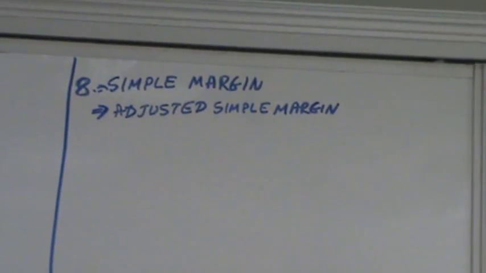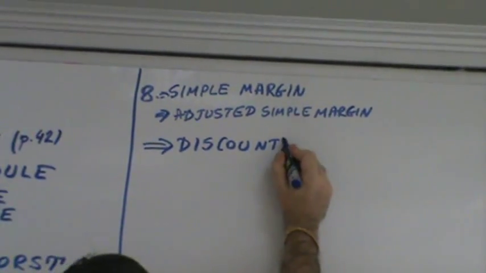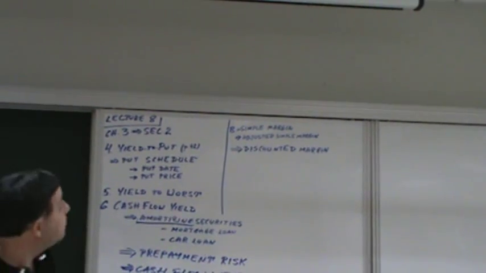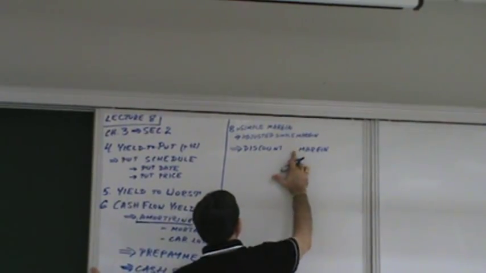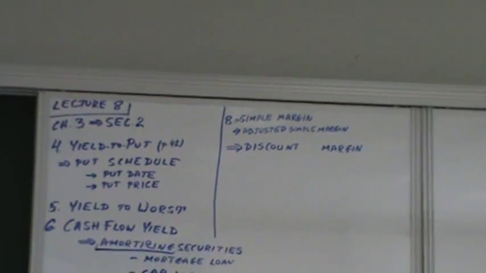Now, again, there's also adjusted total margin, and the most popular one is called discount margin. Sorry, my mistake. Discount margin. All right, so what's the discount margin?